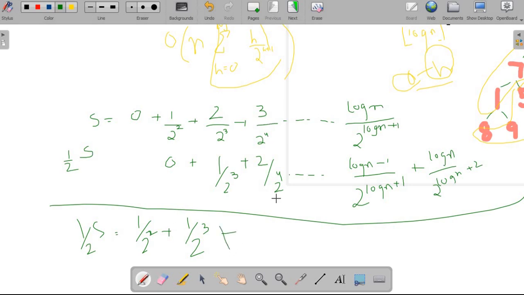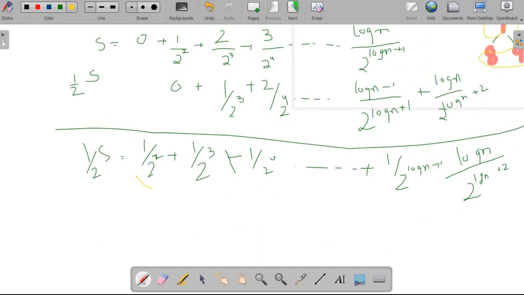When I subtract these two, I'll get 1 upon 2 to the power 4, and then up till this term we'll have 1 upon 2 to the power log n plus 1, and the last term will be log n upon 2 to the power log n plus 2.